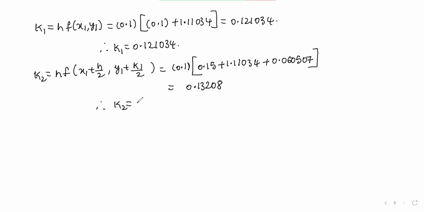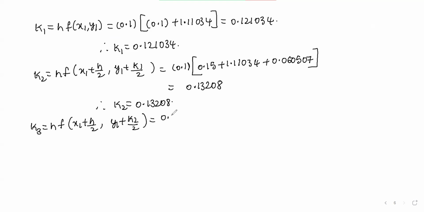Therefore K2 is equal to 0.13208 and K3 is equal to h into f of x1 plus h by 2 comma y1 plus k2 by 2 వేయాలి.